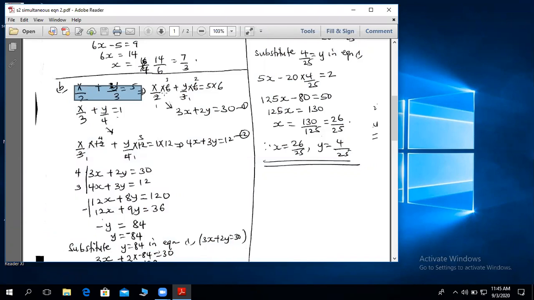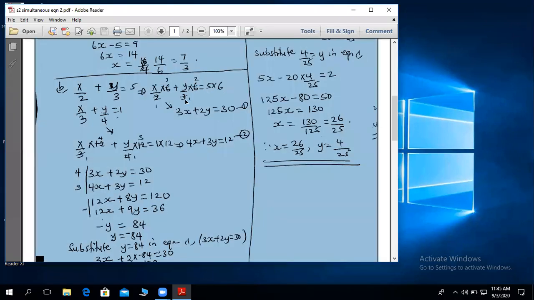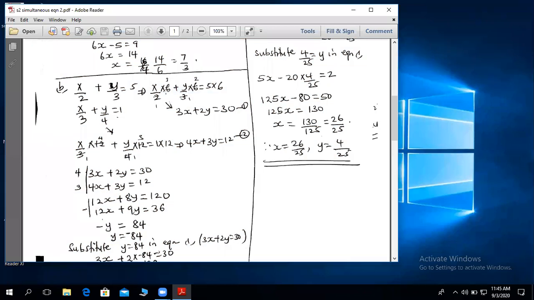I multiply by 6 on every part of the equation, like this. So x over 2 times 6, y over 3 times 6, then 5 times 6, that is very clear. Then 6 by 2, I get 3.